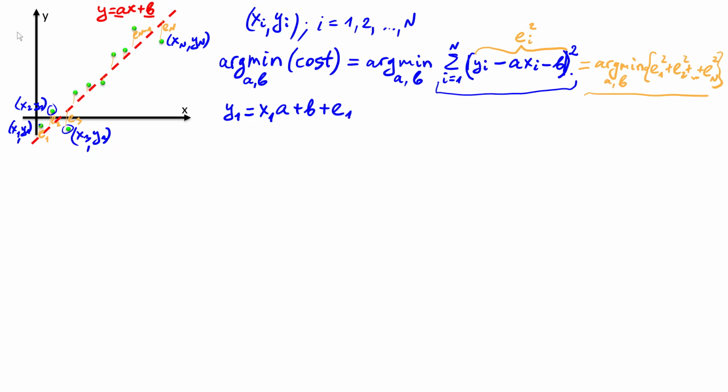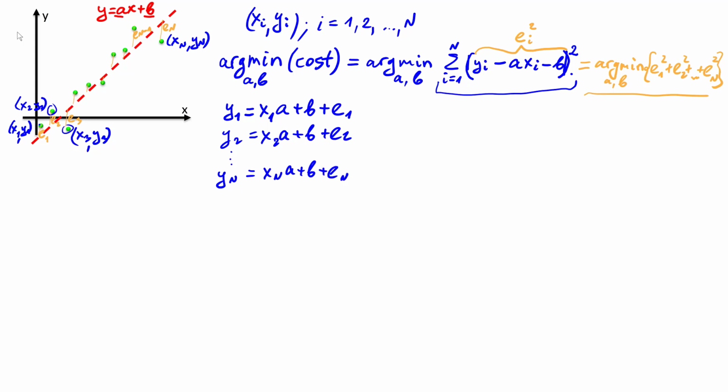And it could be positive or negative, depending on the side the green point takes compared to the red line. Now, y2 similarly will be x2 a plus b plus e2, and so on until you get to yn equals xn a plus b plus en.